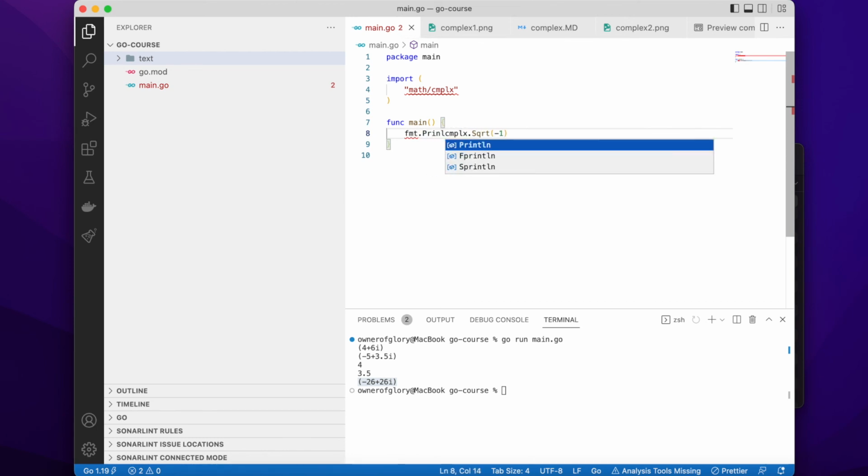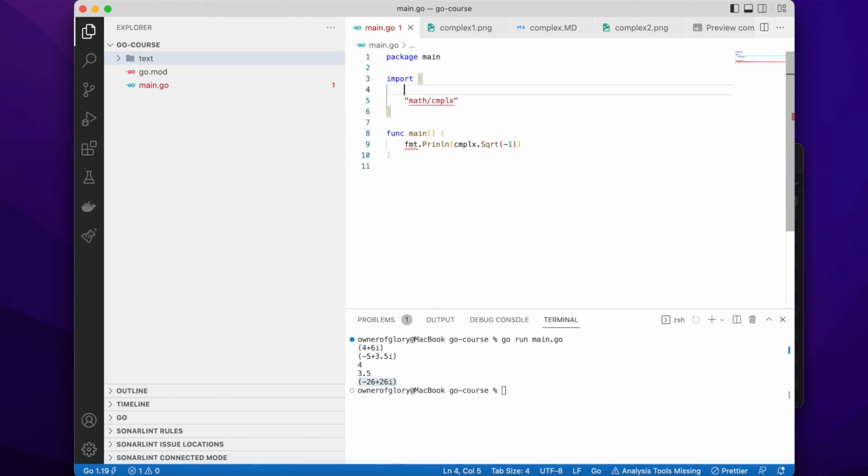Println. fmt, I need to import it. fmt.Println. Yes. And I'll run this code again. And I see the value of this expression, the square root of -1, is actually a complex number.